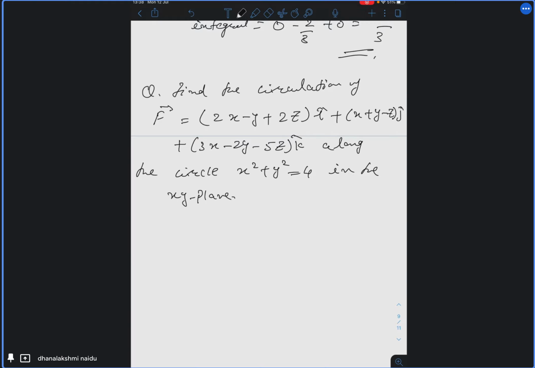Solve it. Let me see who will do it. Who will solve this one? Find the circulation of this vector function along the circle x square plus y square is equal to 4 in xy plane.